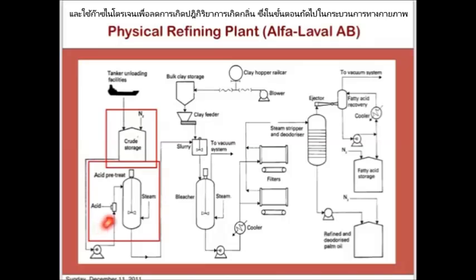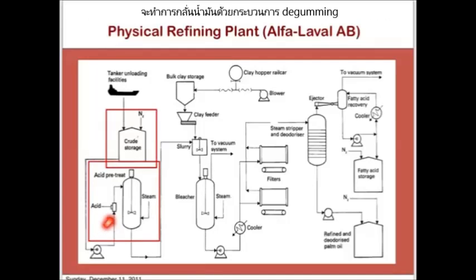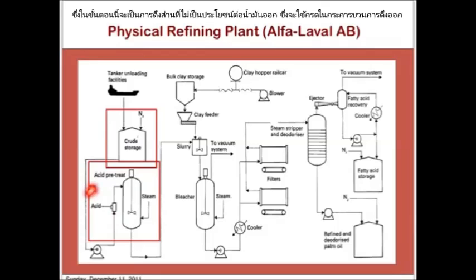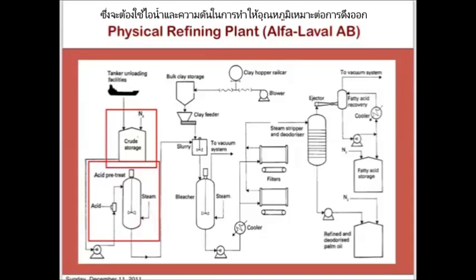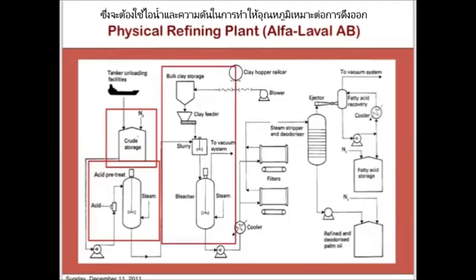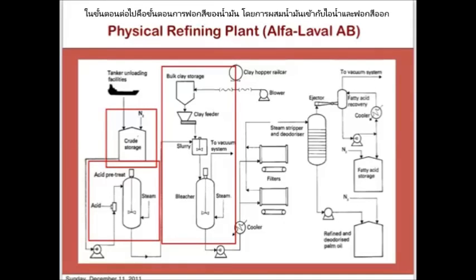And next is the degumming step. In physical refining, degumming is a very important step to remove the gums from the oil. So usually we use the acid degumming process, and the process is done under reduced pressure, and the steam is used here to elevate the temperature to aid the degumming process. The next step is the bleaching process as shown here.